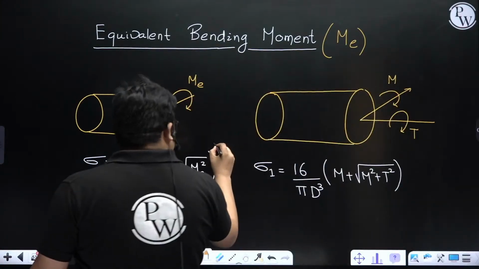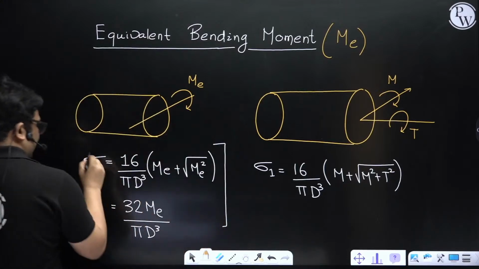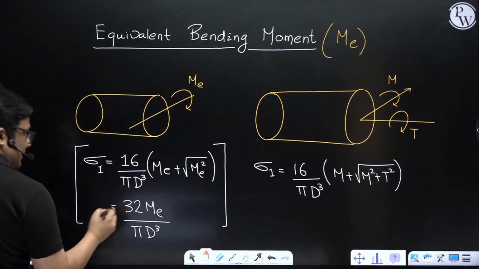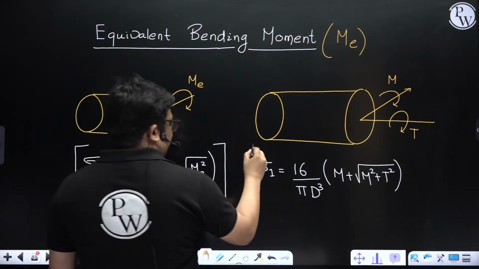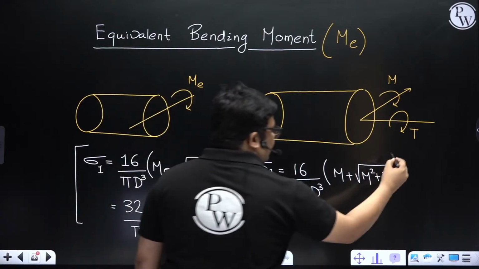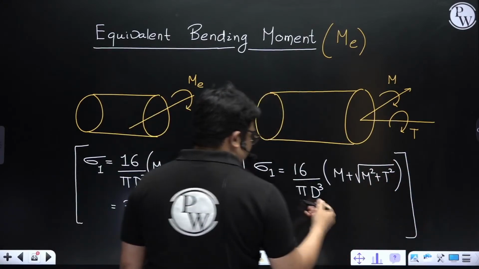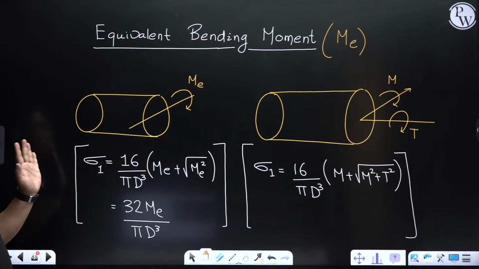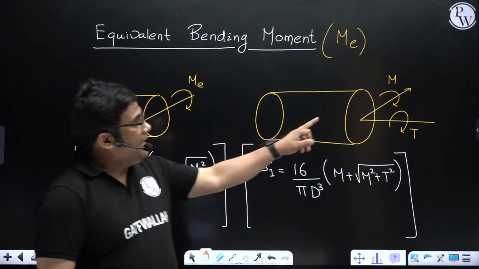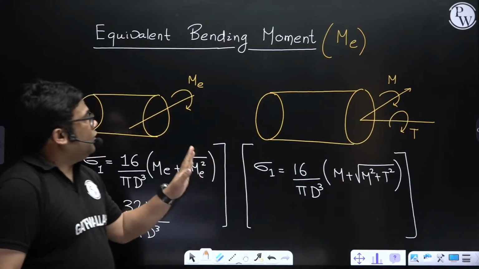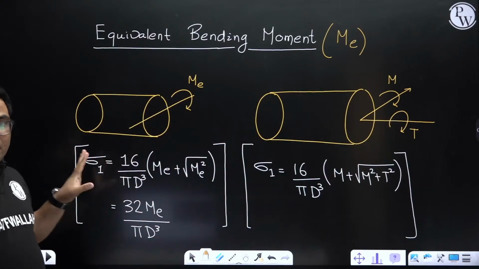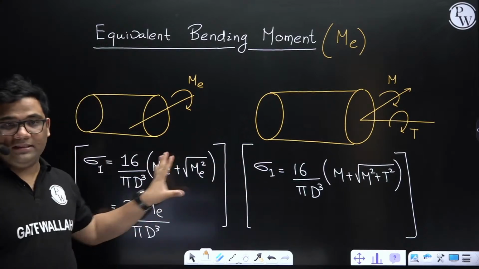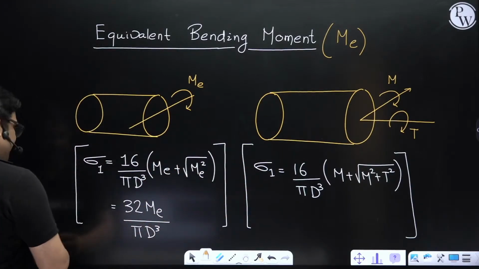It is the bending moment such that the major principal stress, which is the maximum normal stress, is the same. So either you apply M and T or you apply ME, the major principal stresses are the same.